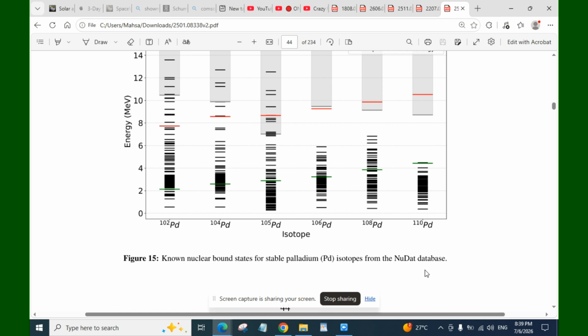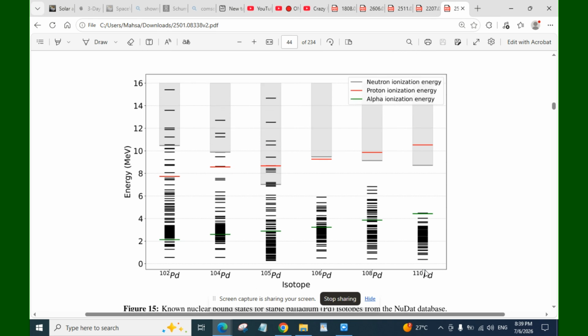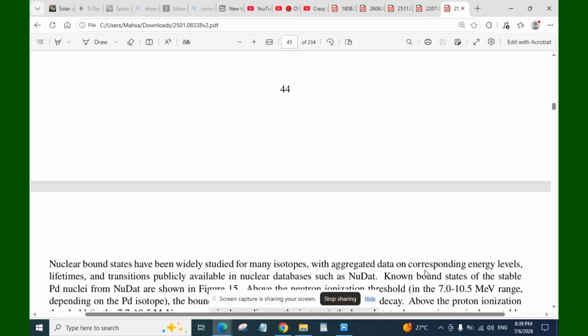On the x-axis, we have the six different isotopes of palladium from 102 until 110, and on the y-axis we have energy based on mega electron volts. The red lines illustrate proton ionization energy, green lines illustrate alpha ionization energy, and purple lines illustrate neutron ionization energy.